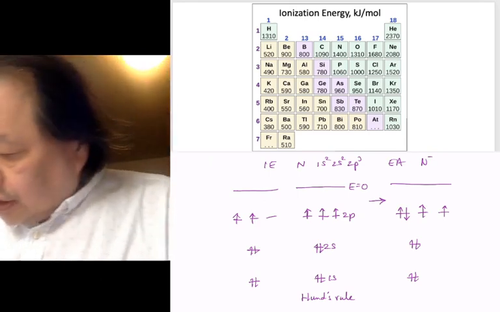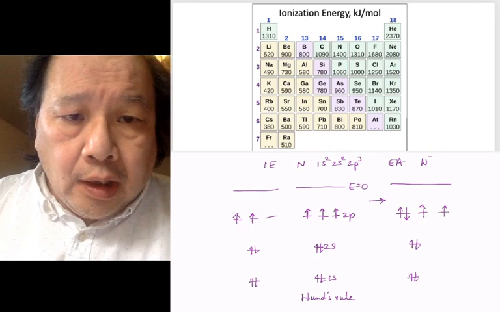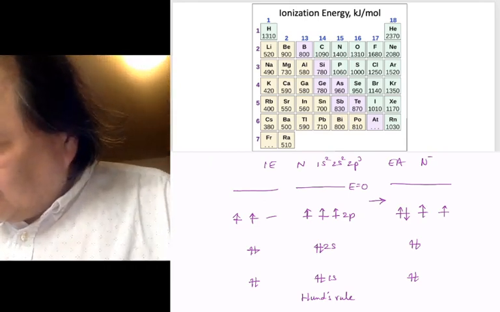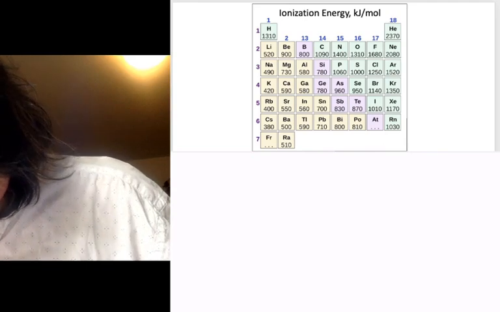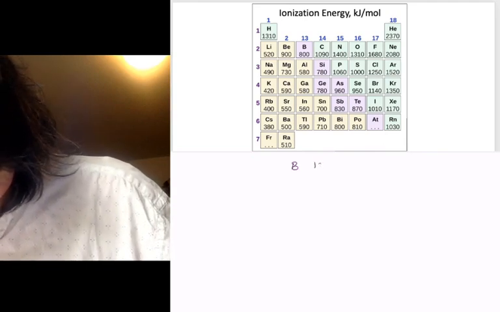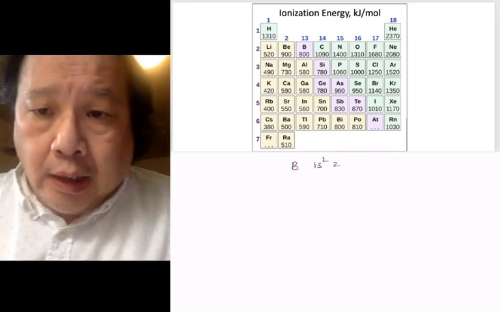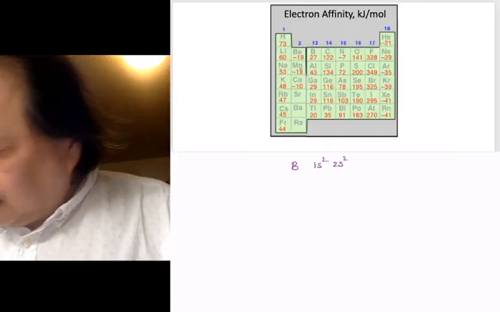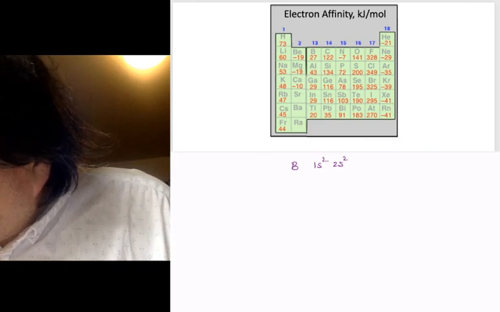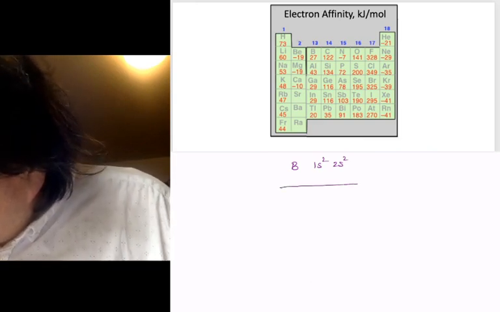Okay, let's consider one more case. We'll consider the case of boron. Boron is 1s2, 2s2, and we're again going to consider its electron affinity.